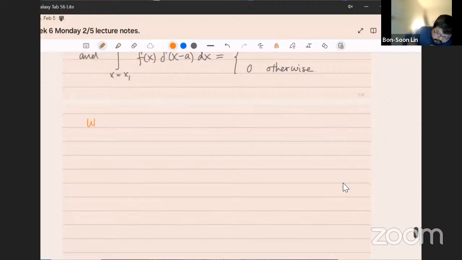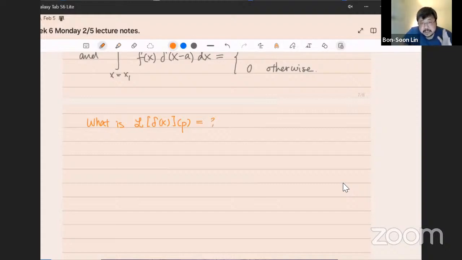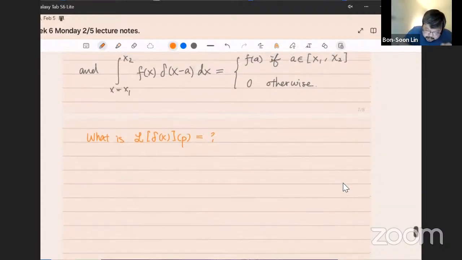What is the Laplace transform of delta of x as a function of p? Now, this is a well-defined question because when we compute the Laplace transform, again, it's an integral. So we're going to be integrating the delta function, right?